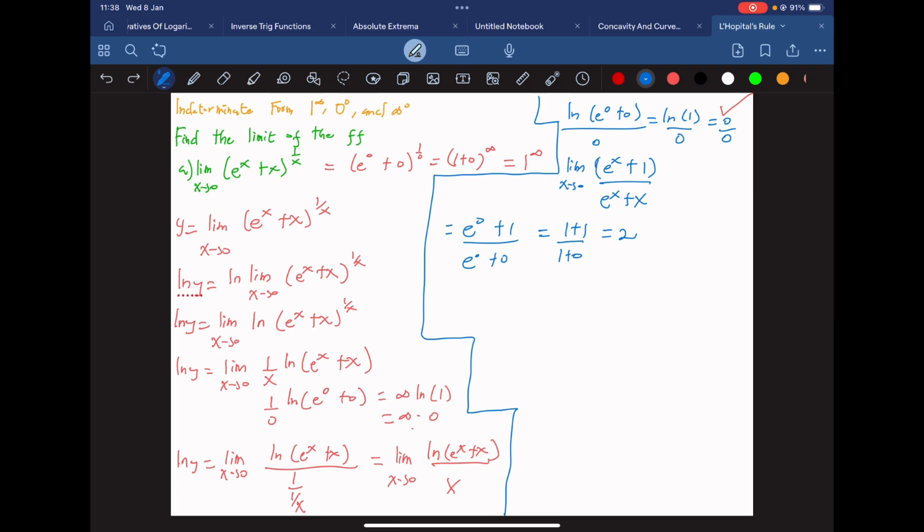So the left hand side is ln of y, and the right hand side simplifies to 2. And now to find your y, we have to find the inverse of natural log, which is exponential. So we have e squared. e and natural log always cancel each other out, so you have y equal to e squared, and this is going to be your limit. So this right here is your answer to the problem.